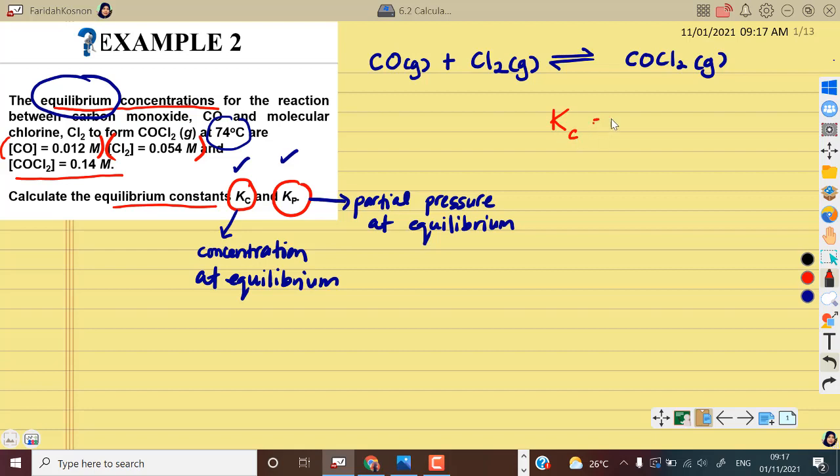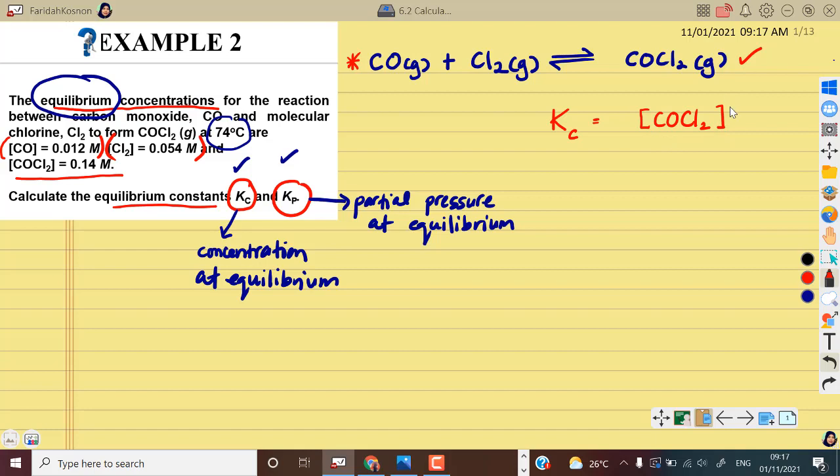Jadi, bila you nak ada balanced chemical equation, you must write the Kc expression based on the balanced chemical equation. Jadi, how to write the Kc expression? The ratio between concentration of the product form, okay, product kita adalah COCl2, so concentration of COCl2, you must use square bracket here to represent the concentration.